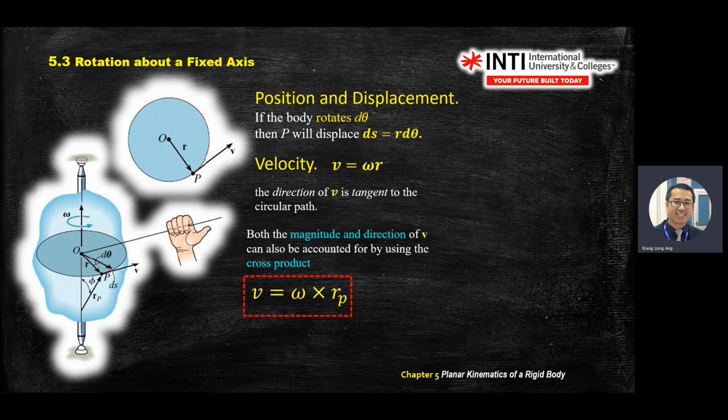Omega cross rp, meaning the distance of this one.